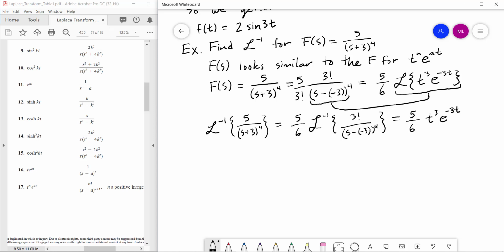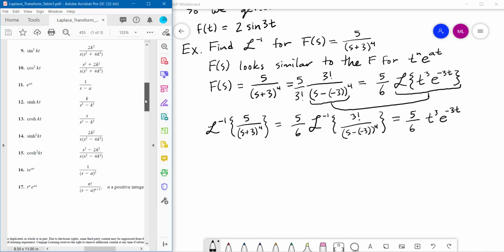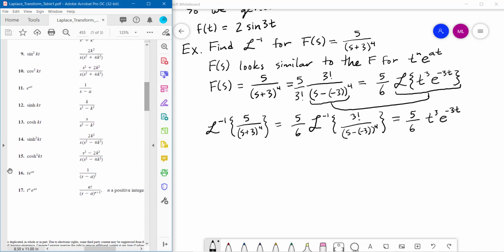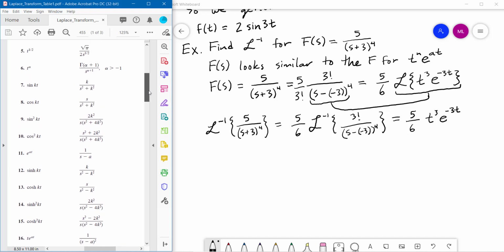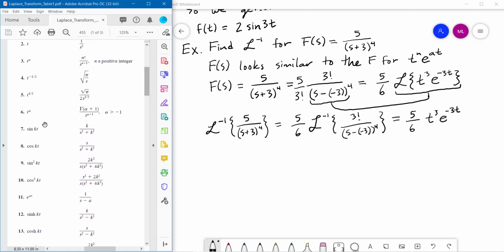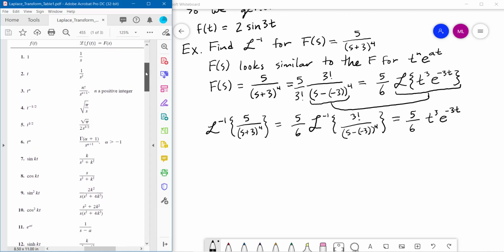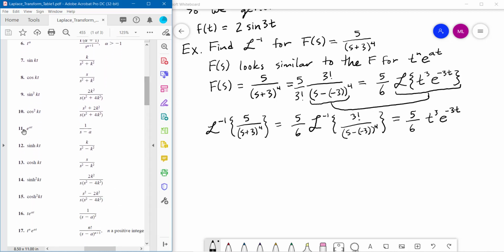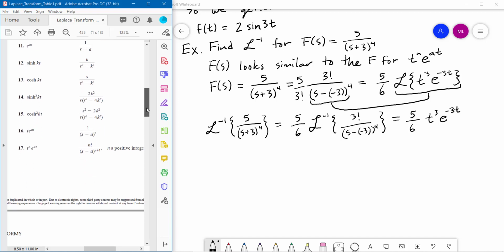But think about the types of functions that show up in the differential equations that we encounter normally anyways. There's lots of polynomials, there's lots of exponentials, there's lots of sines and cosines. So we're going to be utilizing a lot of these.